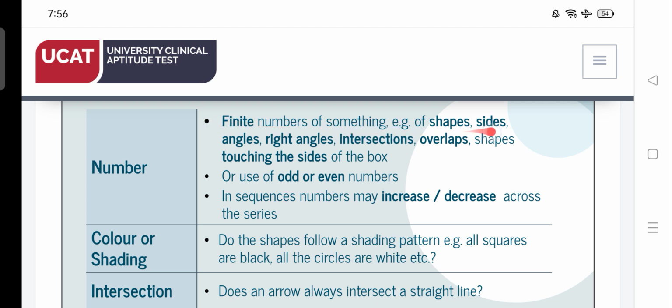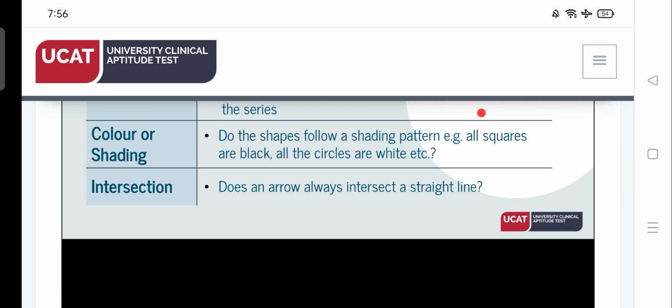Examples: shapes, sides, angles, right angles, intersections, overlaps, shapes touching the sides of the box, or use of odd or even numbers. And sequencing: numbers may increase or decrease across the series. Color or shading: do the shapes follow a shading pattern? Example, all squares are black, all the circles are white, etc.